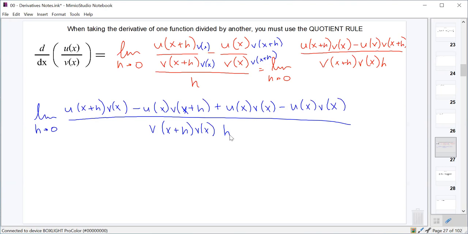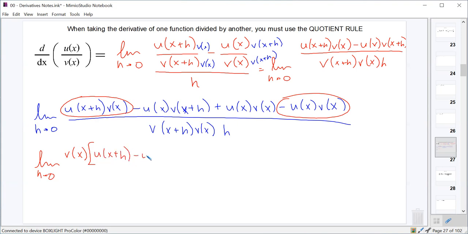So what we're going to do is take this first term and this last term, and we're going to factor out the common v of x. This will become a limit as h approaches 0 of v of x times u of x plus h minus u of x, and then I'm going to say that this is all over h.